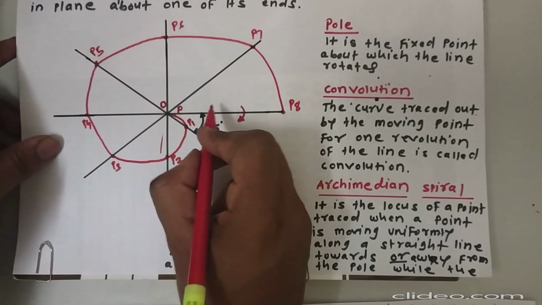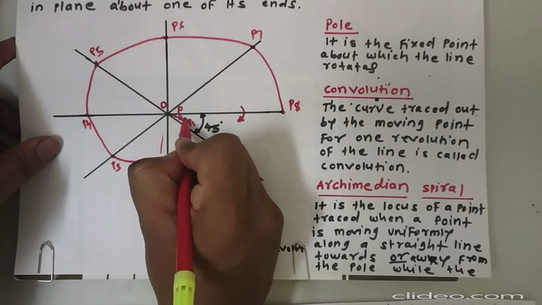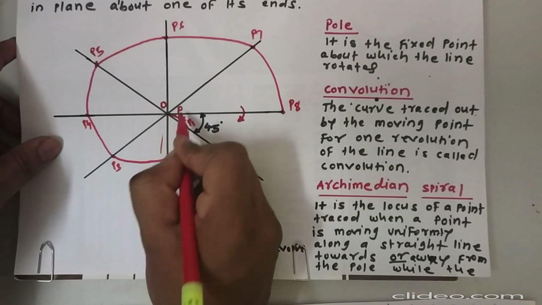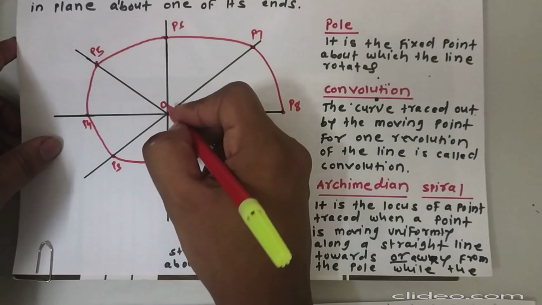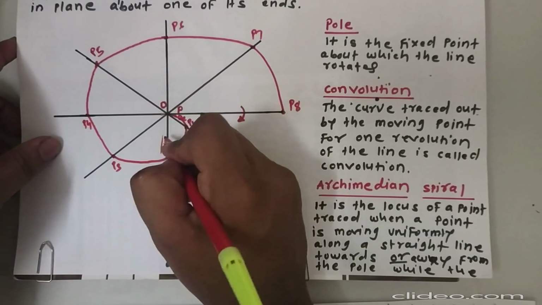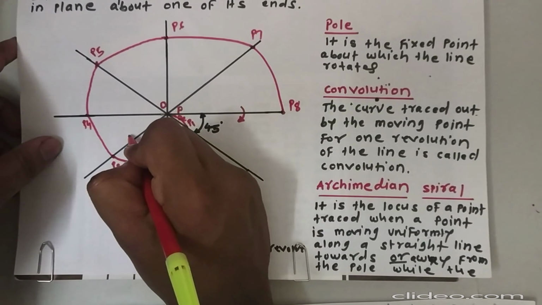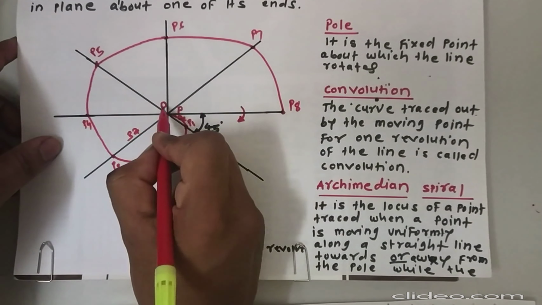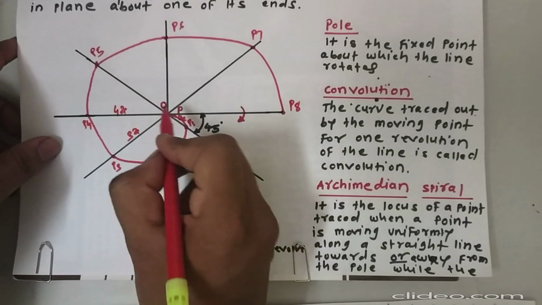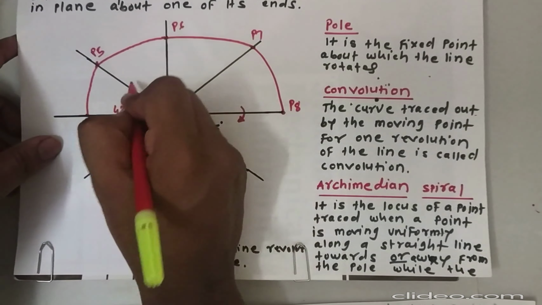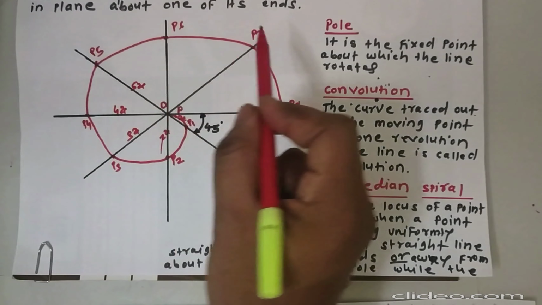Consider now P to P1 is x distance. O to P2 is 2x distance, O to P3 is 3x distance, O to P4 is 4x distance, O to P5 is 5x distance, similarly for P6, P7 and P8.